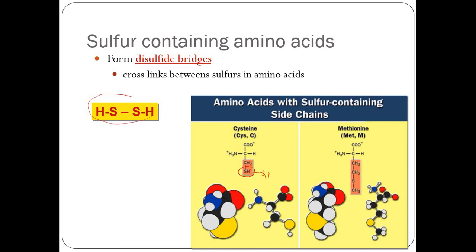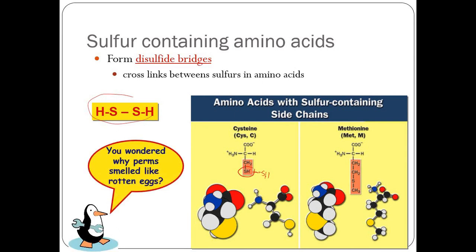This is a very important interaction because it gives a variation in the function of a protein. Remember that structure determines the function. So if you wonder why perms smell like rotten eggs, when you go to the salon and get a perm, it's actually because of this disulfide linkage present in cysteine.